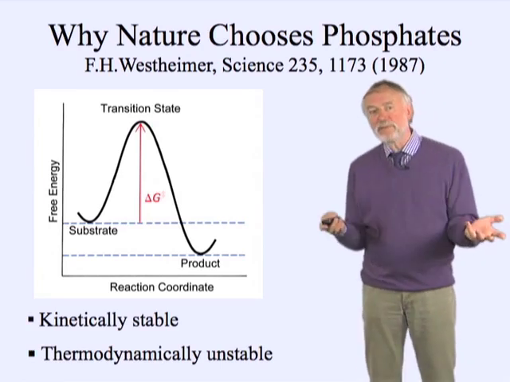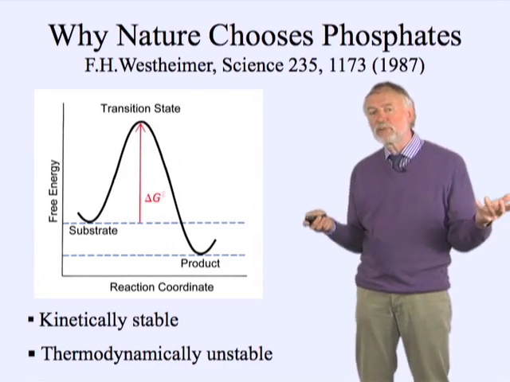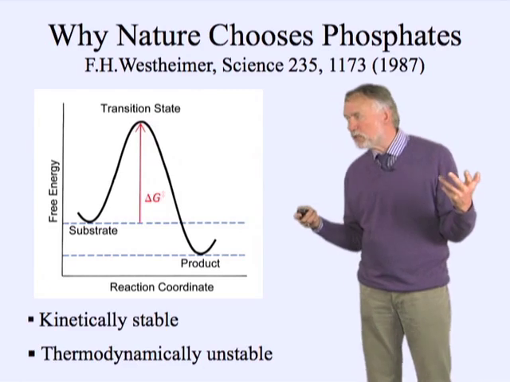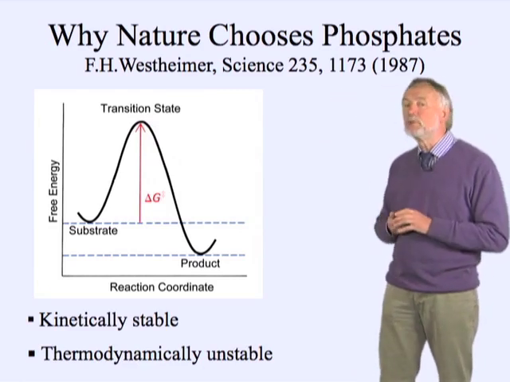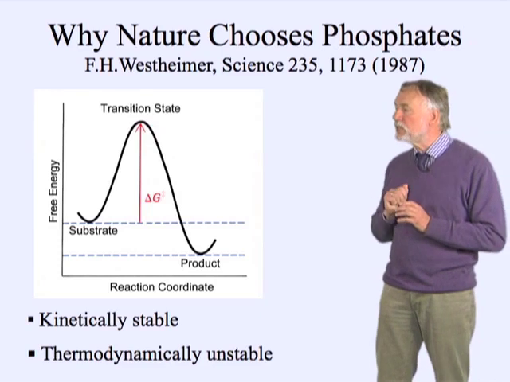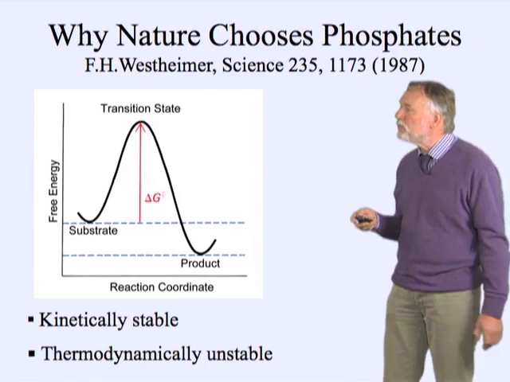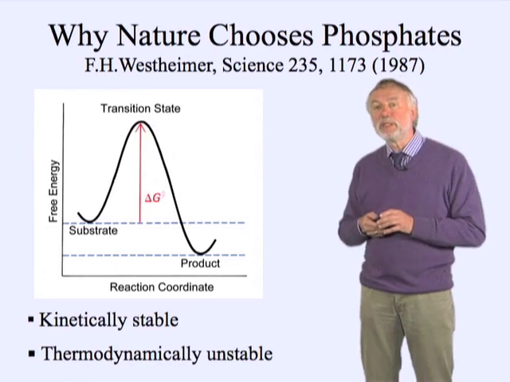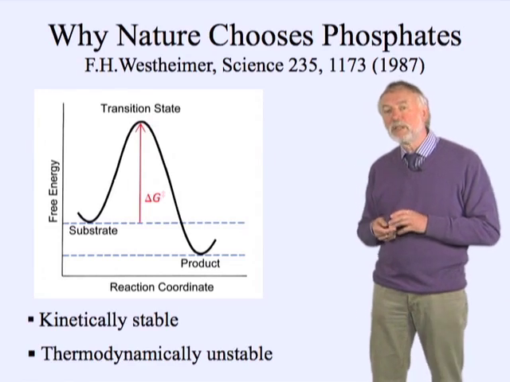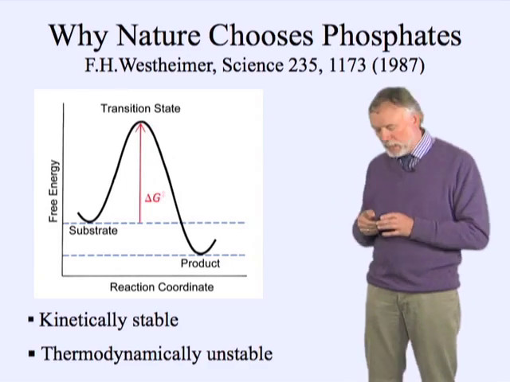In other words, you can have ATP or GTP in water and it stays forever, or hydrolyzes very slowly, but thermodynamically it is in principle unstable. If you use an enzyme that lowers the activation energy, you can make this reaction very fast. That's an interesting article that I would recommend you to read. That's why DNA is stable, and why ATP is such a wonderful source of energy: in principle it delivers energy, but it's stable in aqueous solution.